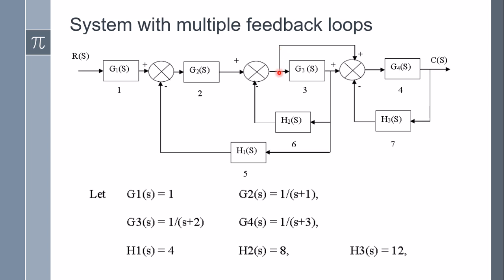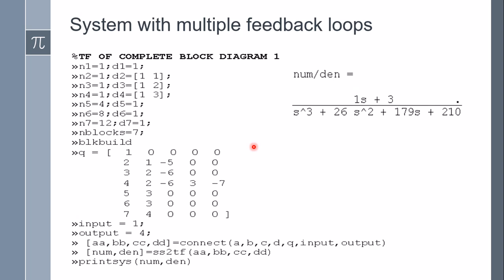So what signal is available here? Here 2 and -6 are available, and from here +3 is available, and from here -7. So 2, -6, +3, -7 are the 4 inputs for block 4.